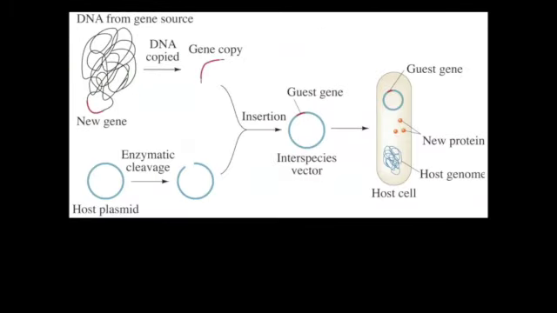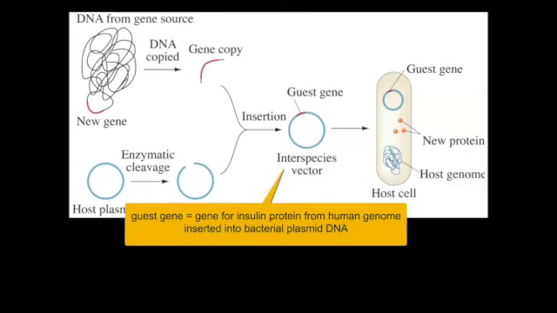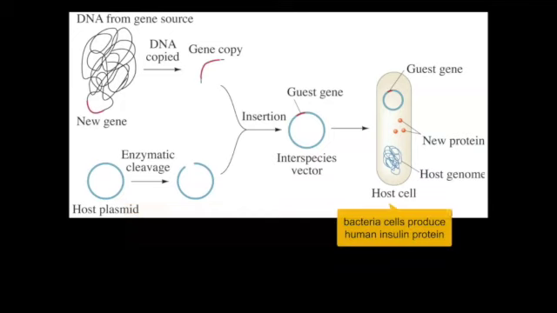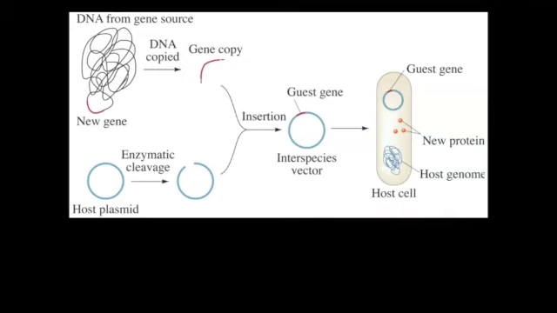It's combined DNA from bacteria, that's the blue part of the circle, plus human genome, that's the red part. So this goes into the bacteria, and the bacteria lives its life and it expresses its own genome, as well as this little circle of DNA. This bacteria, the host cell, lives its life. It also creates this protein.